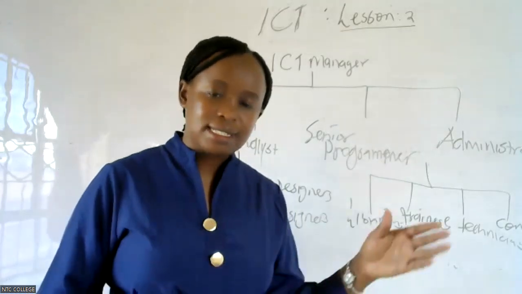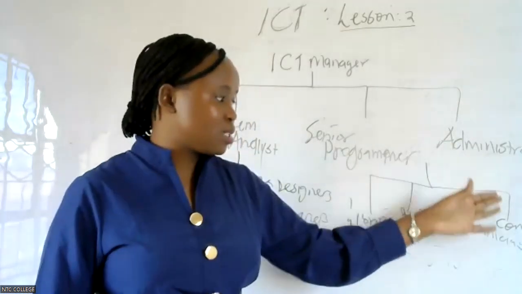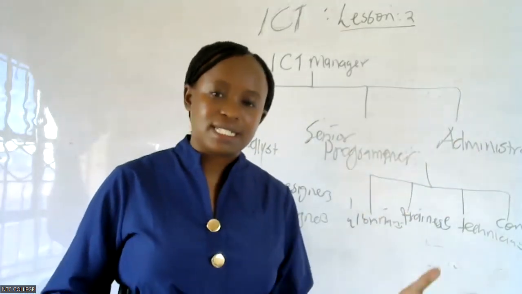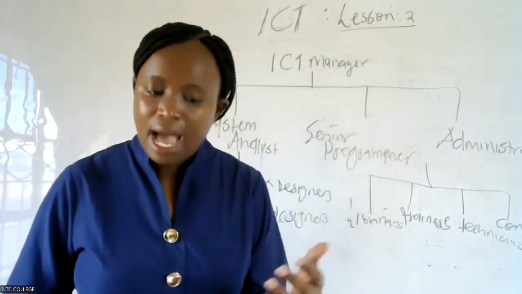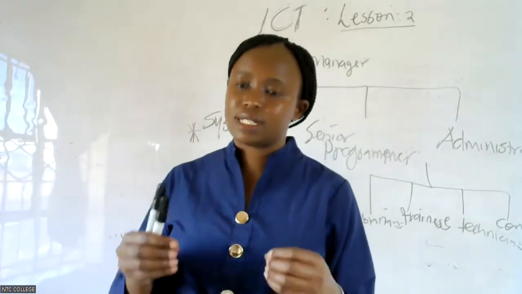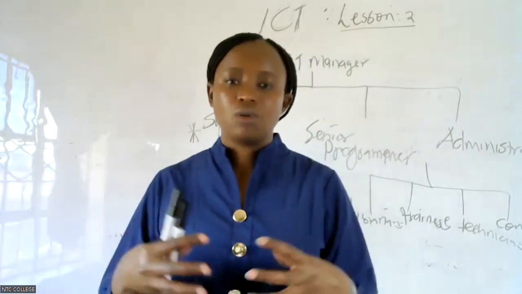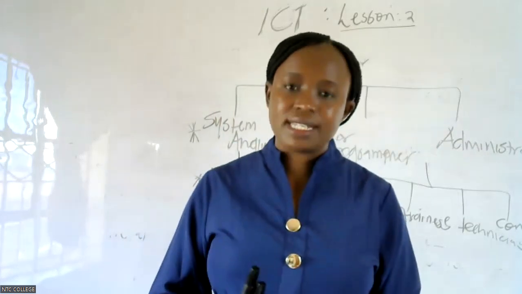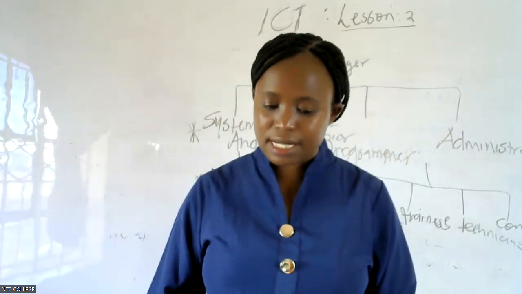Then we have others, like the administration level, where we can have different types of administrators. We can have a system administrator, we can have a database administrator. Administration focuses on protection, or administering and overseeing the utilization of resources.